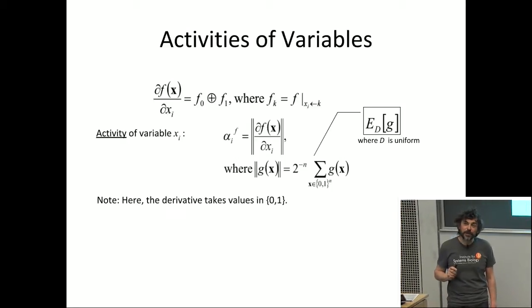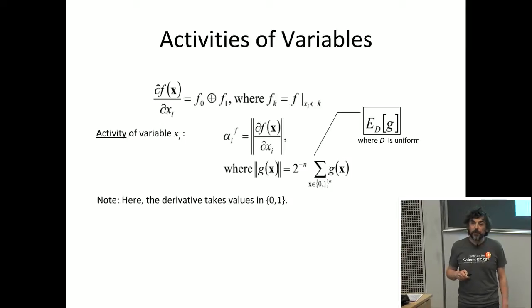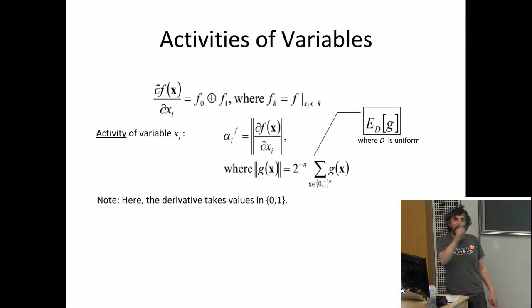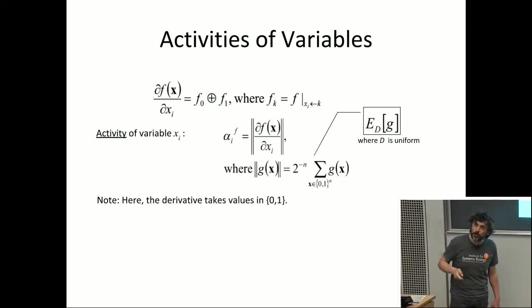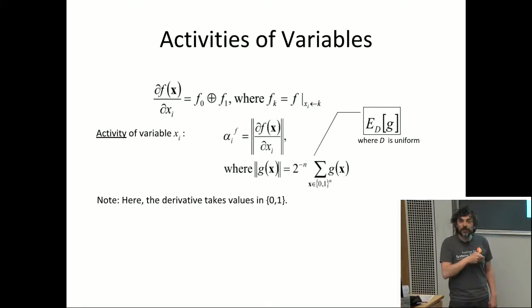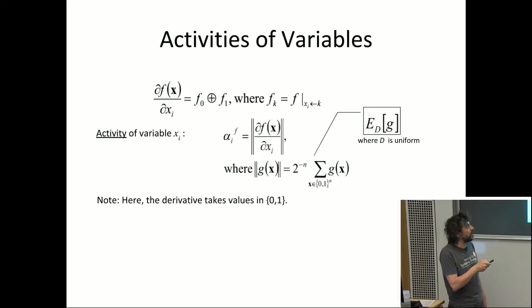So the partial derivative is a Boolean function, right? This is a bona fide Boolean function, but minus 1 variable. It doesn't have the ith variable, because now I've stuck a 0 or 1 into it, right? Now, what I do is I take that Boolean function and I take the average of it. I take the norm of that Boolean function, where the norm is defined just like this.